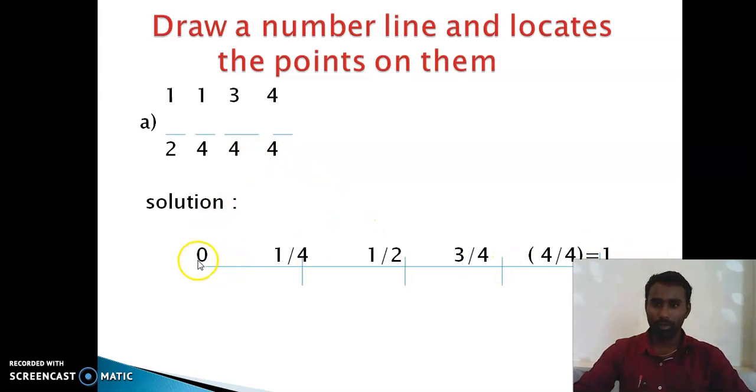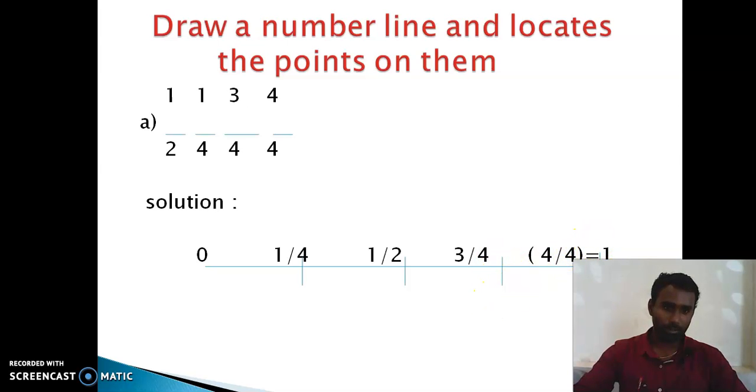So first one is 0, the next one is 1 by 4, right? Because first, what to do? Here 4, here 4. What is the denominator value here, the last number? 4, right? So we have to split it into 4. Here 1, 2, 3 and then 4.